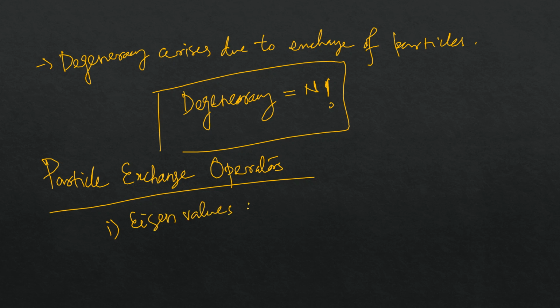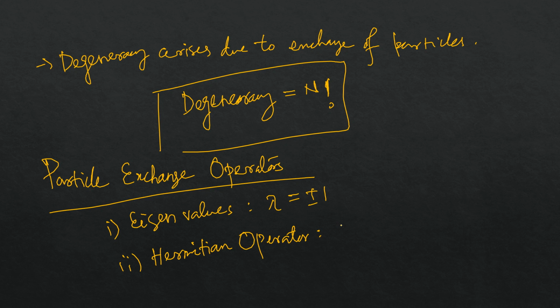What are the eigenvalues? Eigenvalues are plus or minus 1. Next is a Hermitian operator. How is it written? P12 dagger is equal to P12. Dagger means complex conjugate.